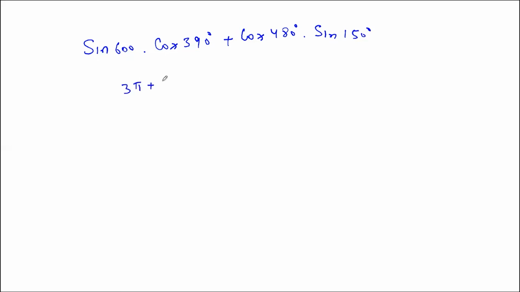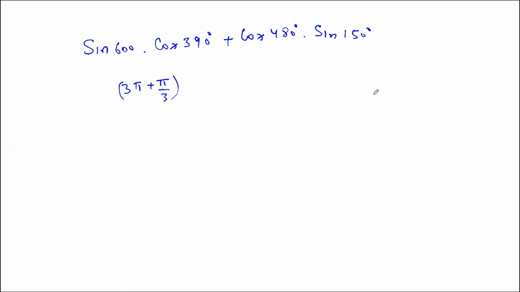So maybe you'll get angles like sine 600 degrees into cos of 390 degrees, plus cos of 480 degrees into sine of 150 degrees, right? Sine of 600 degrees: 600 is 3 pi plus pi by 3, that is 540 plus 60.